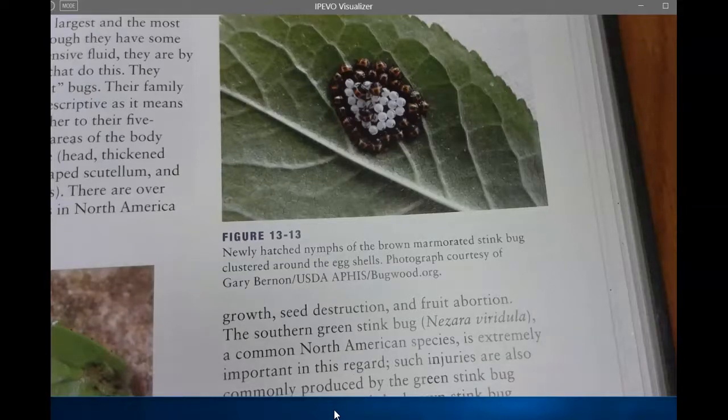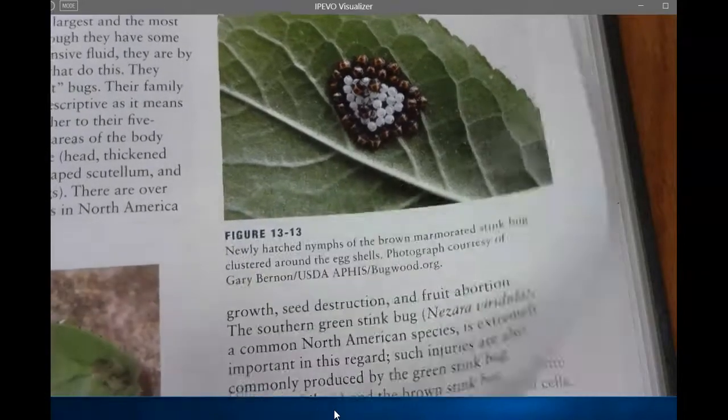But most of these stink bugs feed on plants. There's a few that are serious crop pests, but not very many. Most of what they do is damage the plant with their saliva, which damages the cells. And most of these feed on seeds and fruits.